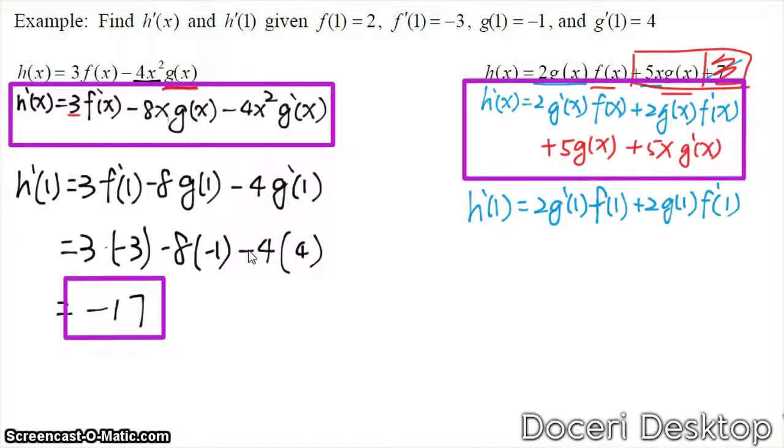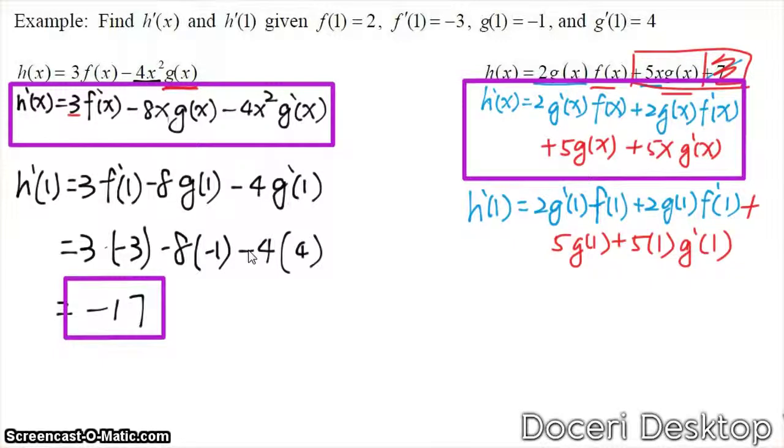So much fun, so many 1s. Plus, in red, 5 g of 1 plus 5 times 1 times g prime of 1.